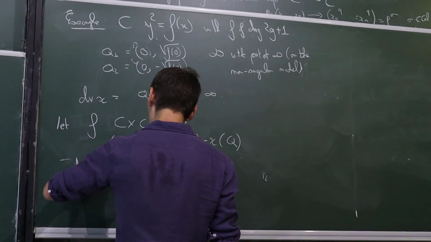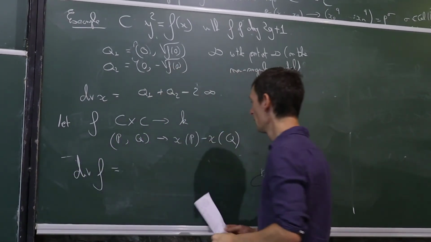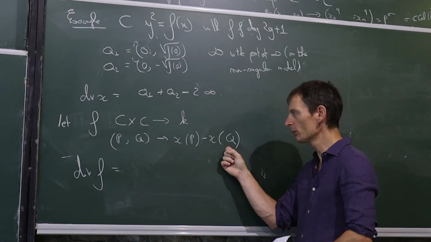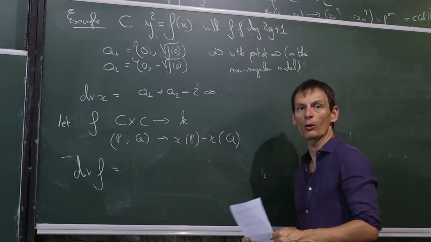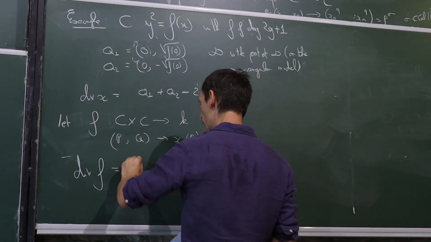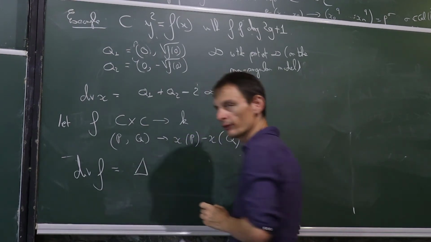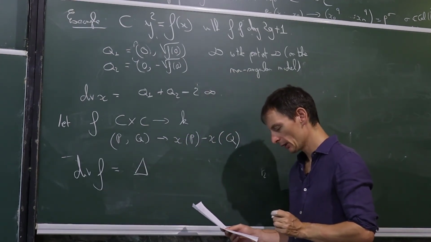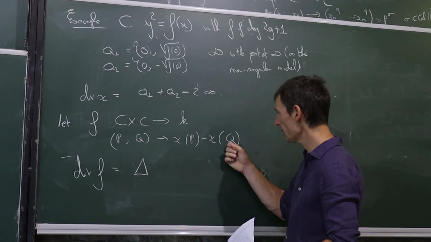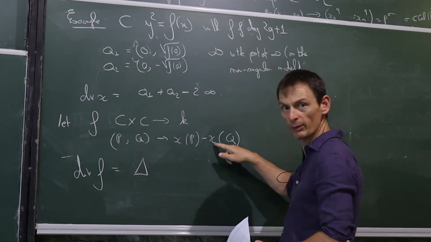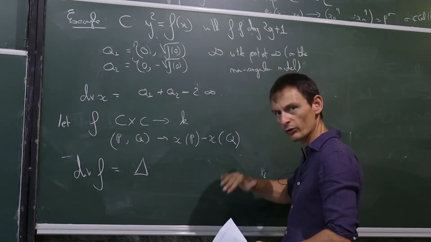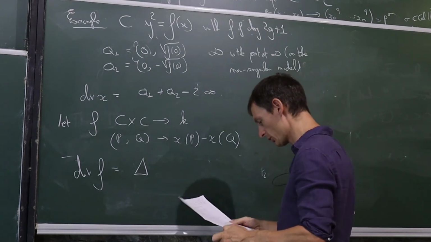So the divisor of f, obviously, this is going to be 0 when P is equal to Q. So inside the divisor of f, you have the diagonal delta. But you have also the case where maybe Q has the same x coordinate, but minus y as the second coordinate.